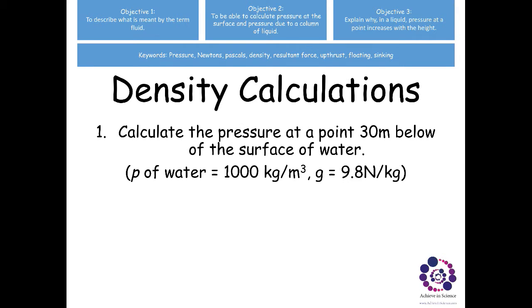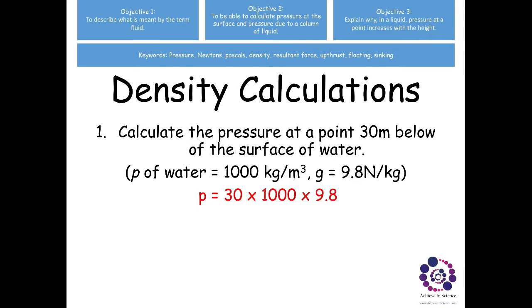Let's use this to work out a calculation. So can you calculate the pressure at a point 30 metres below the surface of the water, where the density of the water is 1,000 kilograms per metres cubed, and the gravitational field strength is 9.8 newtons per kilogram?